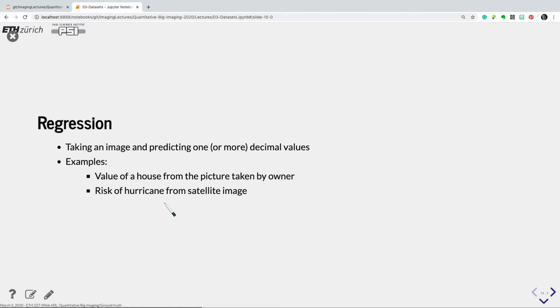I think I flipped it now. Anyway, you then get a rating on some scale, maybe just a probability or level of severity of the hurricane based on the satellite pictures.